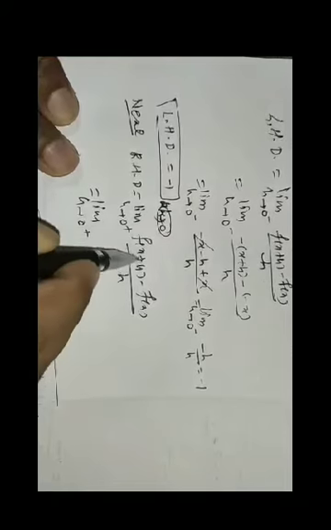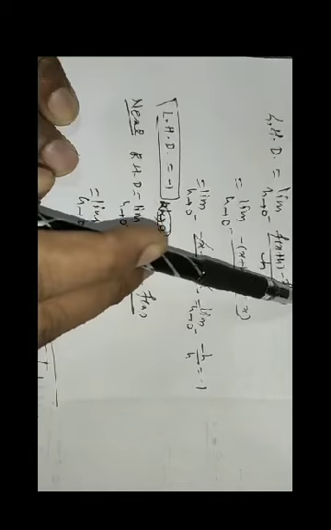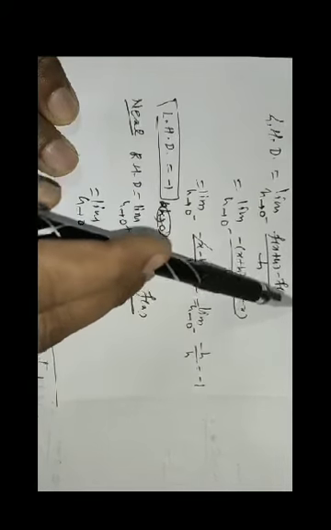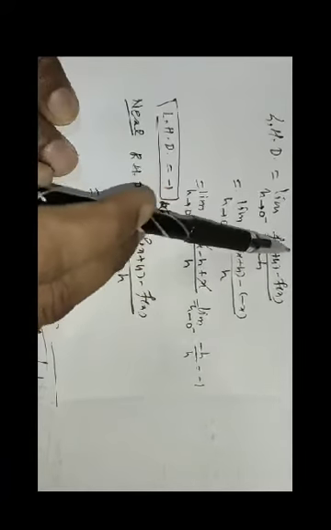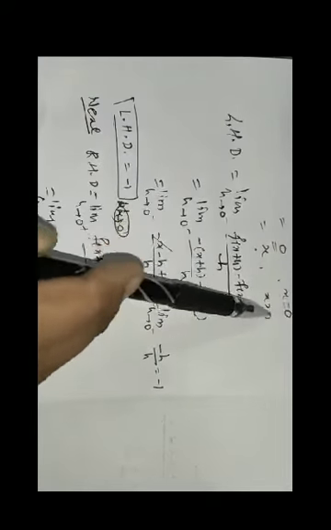Next, we discuss the right hand derivative. For the right hand derivative, limit h tends to 0 plus of f of x plus h minus f of x divided by h. What is f of x plus h? For 0 plus, x is greater than 0, and for x greater than 0, our function is x.